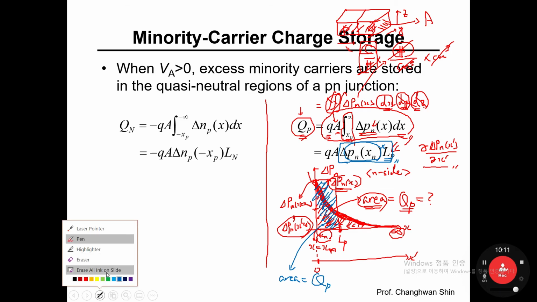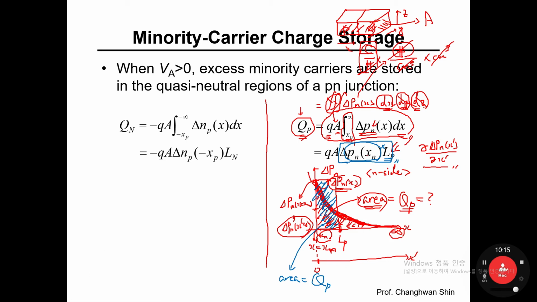Intuitively, you may have understood that L sub P, the hole diffusion length, indicates the concept of average distance, how long the excess hole can diffuse inside the material. So the initial excess hole concentration times the average distance along which the excess holes can travel into the n material would be almost identical to the value obtained from the integration.